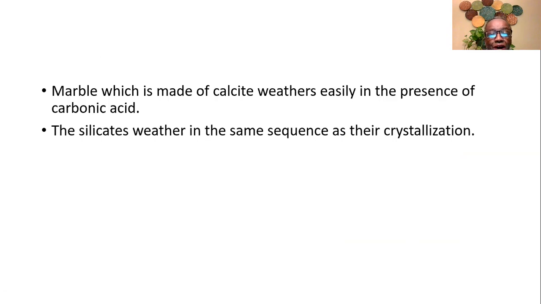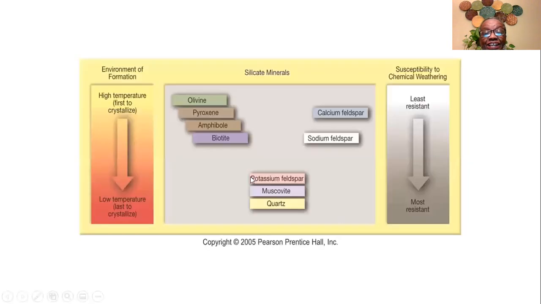So marble, which is made of calcite, weathers easily in the presence of carbonic acid. But the silicates, I'm talking about the feldspars, the quartz, olivine, and the micas, they're going to weather in the same sequence as they crystallize. So what does that mean? Look at it again. Olivine crystallizes out first. Pyroxene, and here we go.